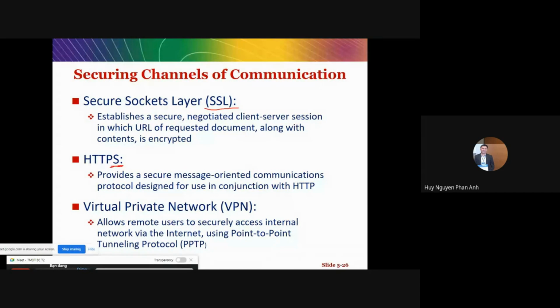Sometimes you open a website and you can see a lock symbol next to the address, right? And HTTPS, so it's connected. It means that SSL is already set to encrypt the information input online. Or maybe you can set up a VPN and allow remote users to securely access the internal network using what we call PPTP, point-to-point tunneling protocol, so it will be safer.